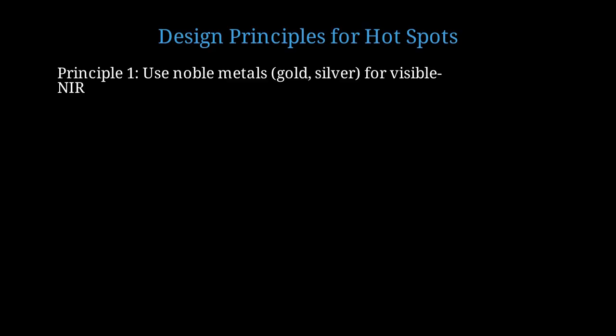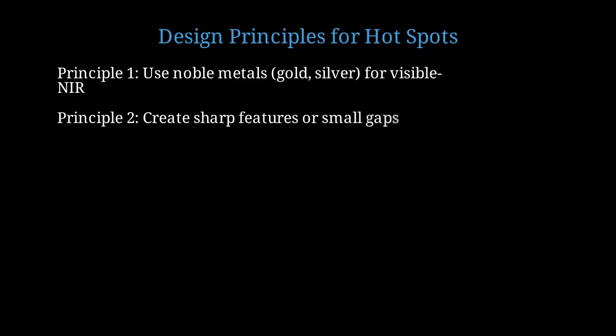Now let's discuss practical design principles for creating optimal plasmonic hotspots. First, use noble metals like gold and silver for visible and near-infrared applications. These metals have low losses and strong plasmonic responses in this spectral range. Second, create sharp features or small gaps. The smaller the radius of curvature or gap size, the stronger the field enhancement.